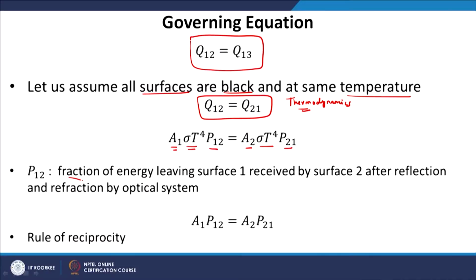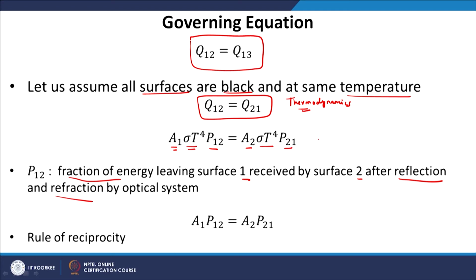Now, P12 is basically the fraction of energy emitted by surface 1 and received by surface 2 after undergoing whatever optics falls in the way. It may be reflection, refraction, concentration, whatever optical system falls on the way. In this way we have defined this factor P12.